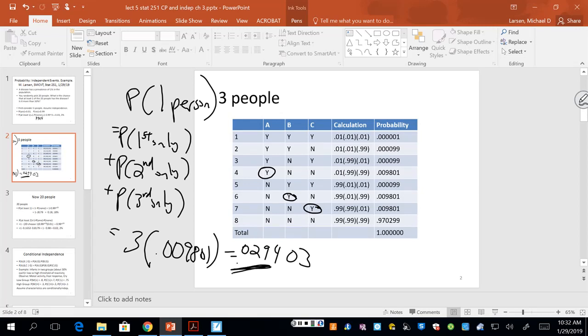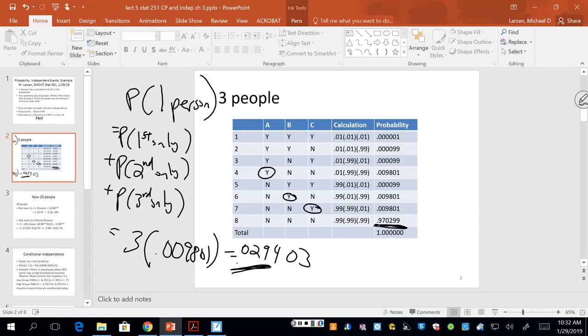The chances for 2 people or 3 people are quite small. So the probability of no one is about 97%, if you add up those other 7.